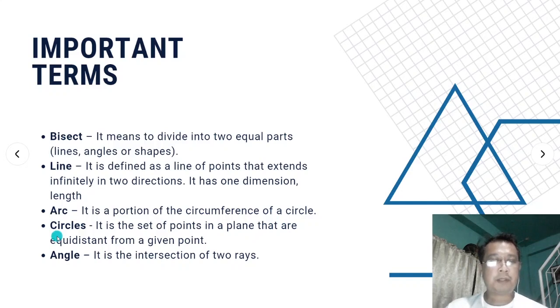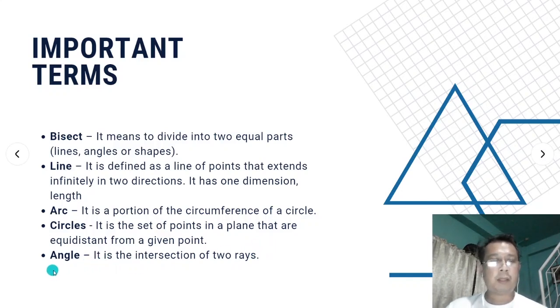And also we have the circle. So by definition, it is the set of points in the plane that are equidistant from any given point. So yung given ito ay equal with reference to the radius of the circle. So any point on the circumference, pare-pareho dapat yun ang ating distansya.